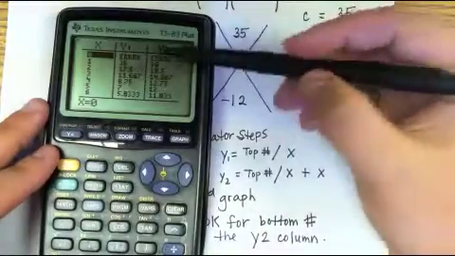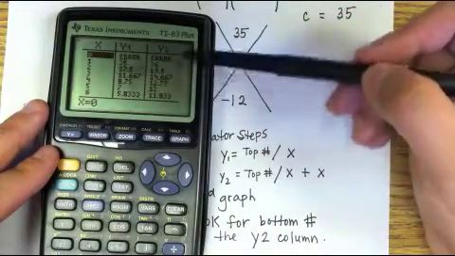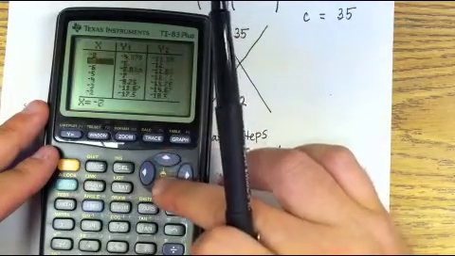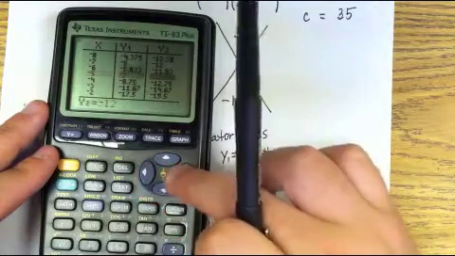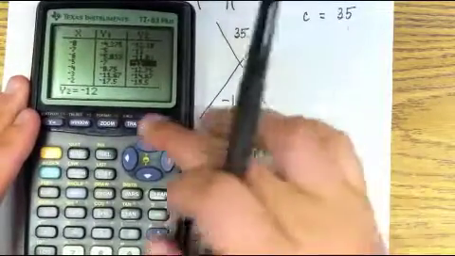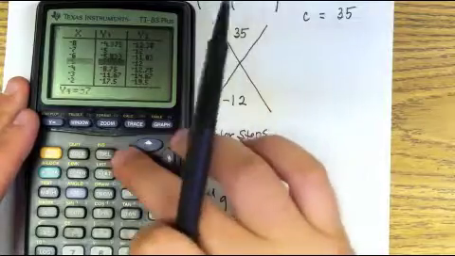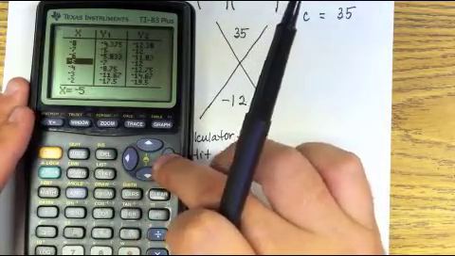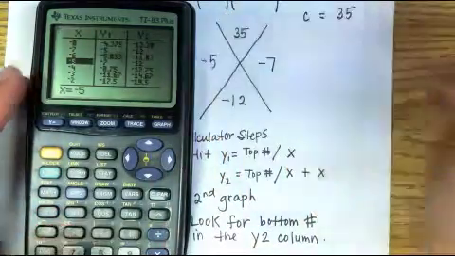So the idea here is I'm trying to find negative 12 in the Y2 column, so I'm going to look either up or down to try to find it. And there it is. There's actually two of them, and I'll explain why. So here's negative 12. The two numbers next to it, where my calculator is going back and forth, those are the two side numbers. How cool is that? So negative 5 and negative 7.